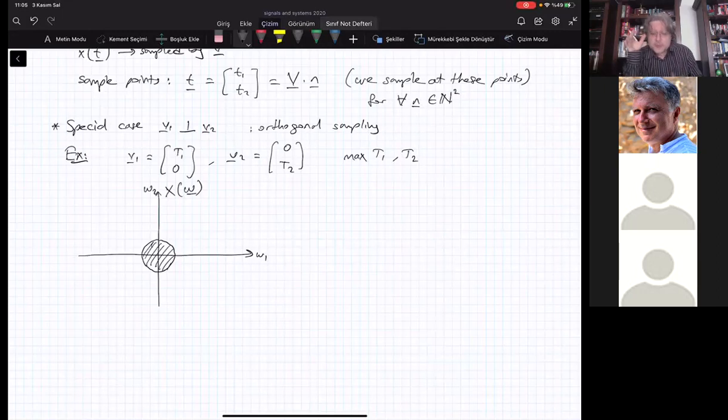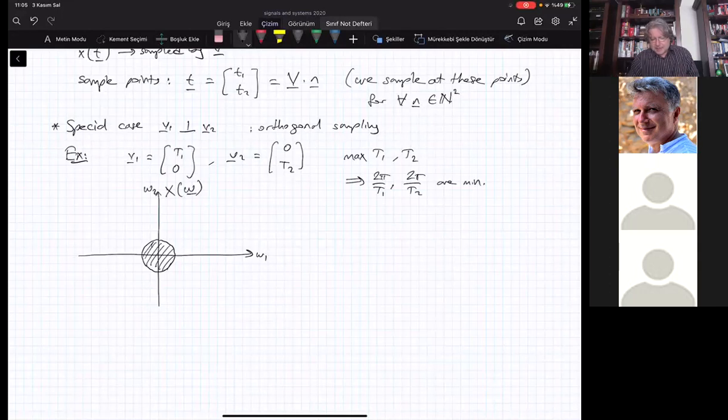And why is that? Of course, as long as I don't lose any information, the amount of data I want to carry or store would be minimized, because the number of samples would be less for larger T1 and T2. But then that means 2 pi over capital T1 and 2 pi over capital T2 are minimal.